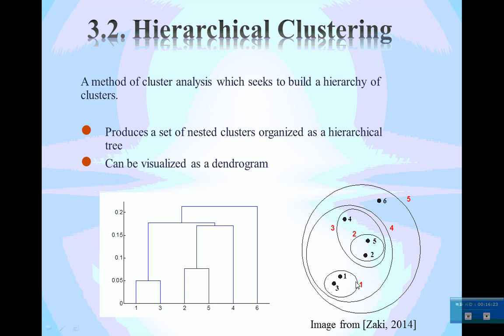And next is hierarchical clustering. If you just see the 2 figures, you can easily understand the main idea. You can see here, 2 and 5 is 1 cluster, and a larger circle is 1 cluster.